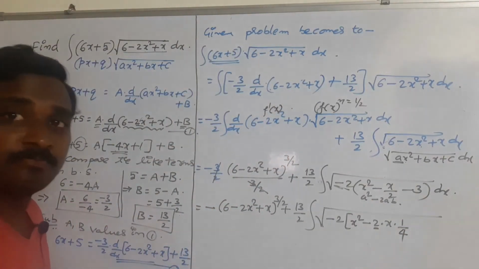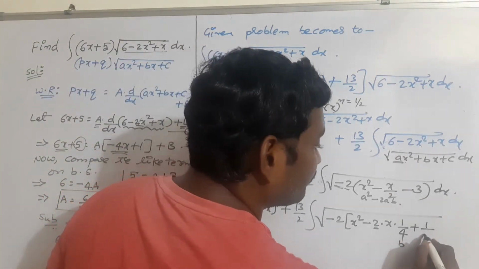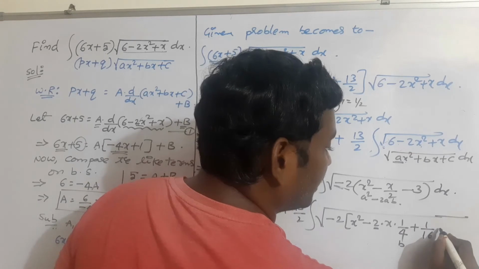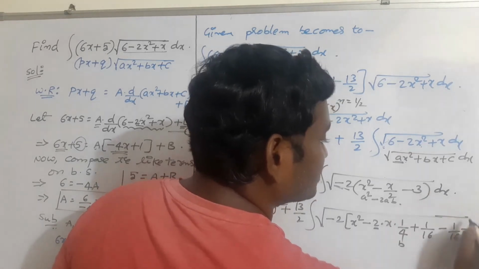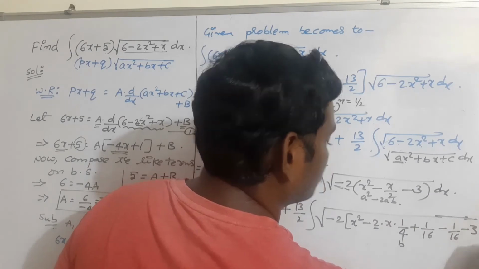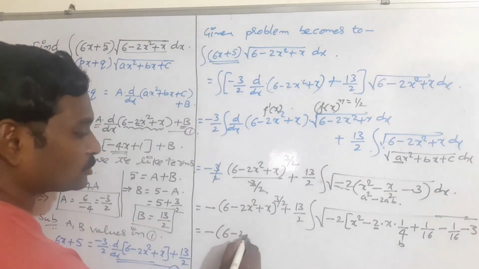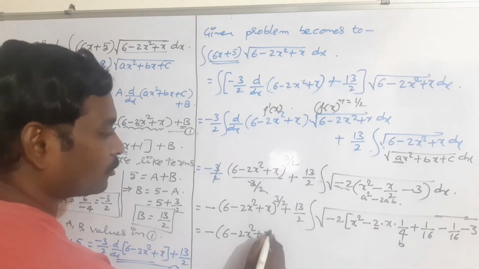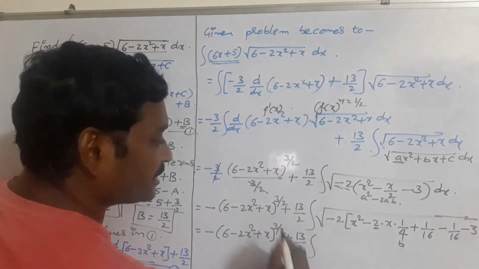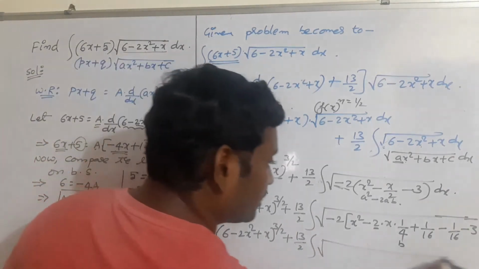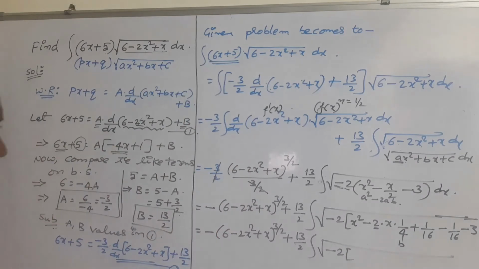Now we need plus b square. What is b value here? 1 by 4. So you will get 1 by 4 whole square, which is 1 by 16, and subtract with 1 by 16. Minus 3 is already there, into dx. Okay. So minus of (6 minus 2x square plus x) whole power 3 by 2 is the first part. 13 by 2 into integration of root over minus 2 of, see this one.